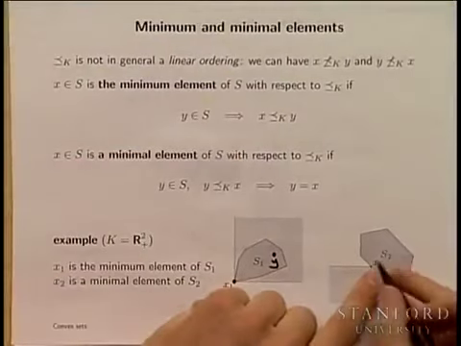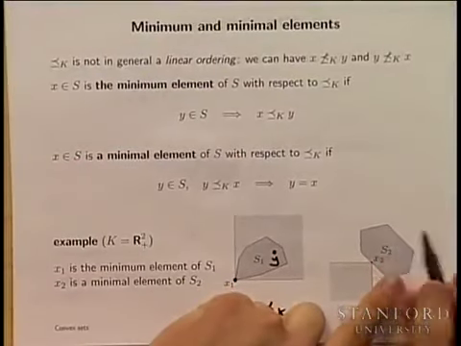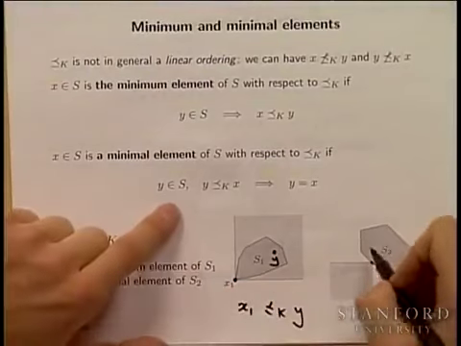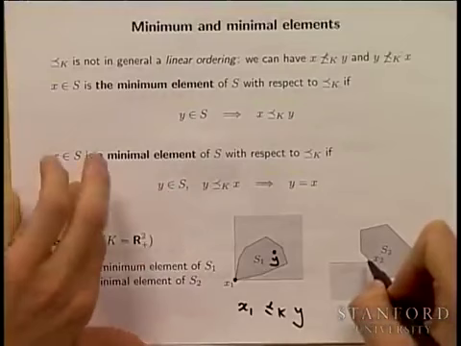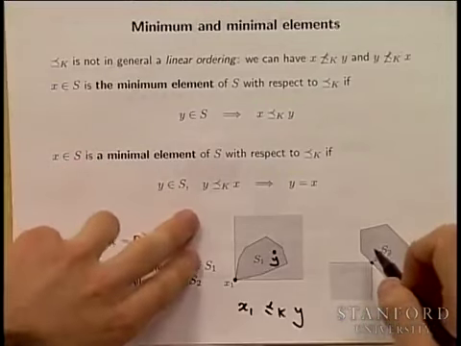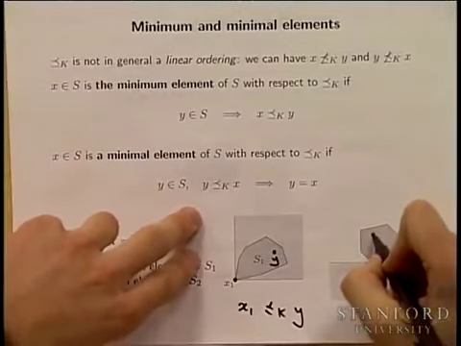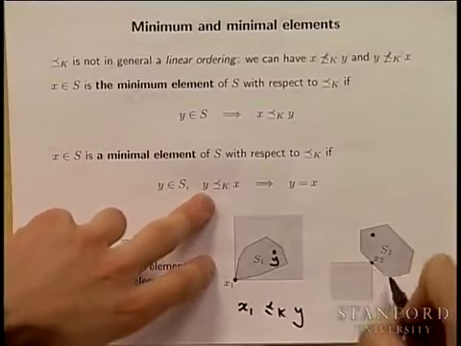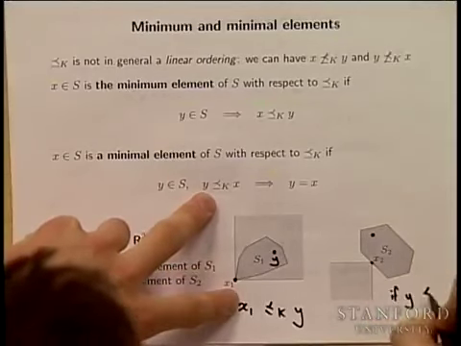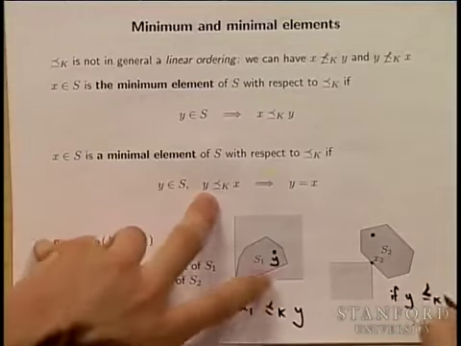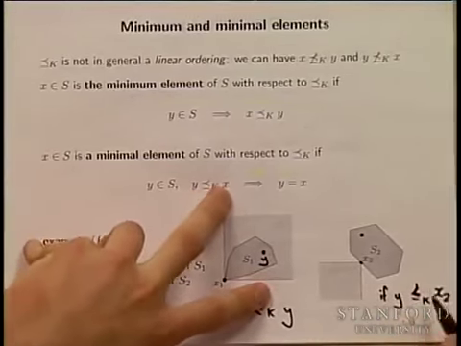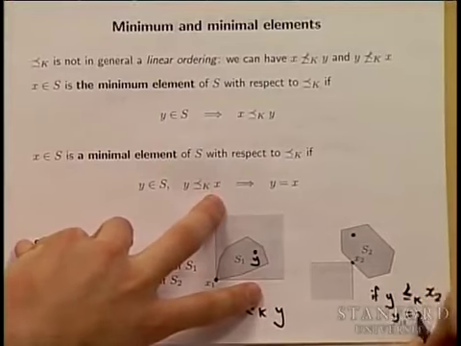Now let's have a look at this different set here, S2. Now, what we need here is that I pick x2 in S2, and x2 is a minimal element. And that means that if I pick some other point y, and y is less than or equal to x2 in the k sense, then it means that y is equal to x2.